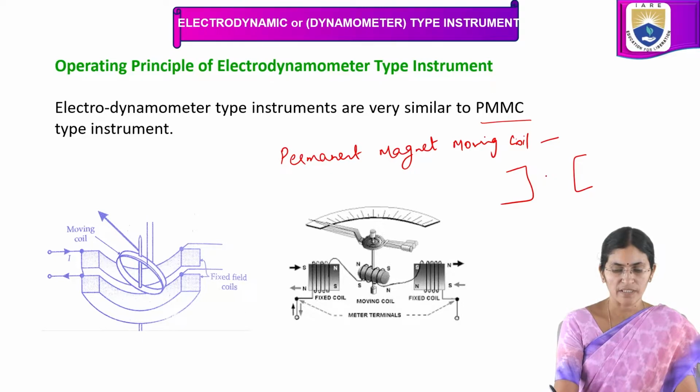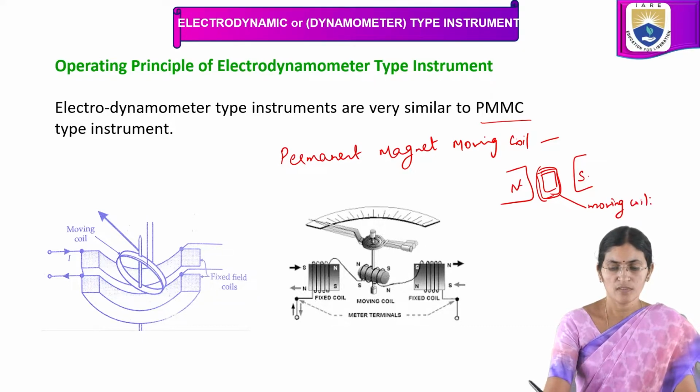There are permanent magnets and inside this we have a moving coil which is placed in between these permanent magnets. So this is the moving coil placed. When current is supplied to this moving coil, it will produce its own magnetic field. And also these permanent magnets have their own magnetic field.